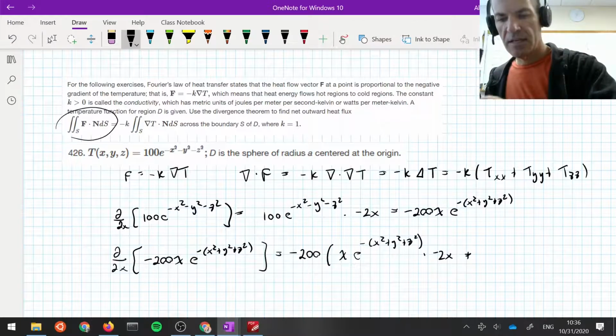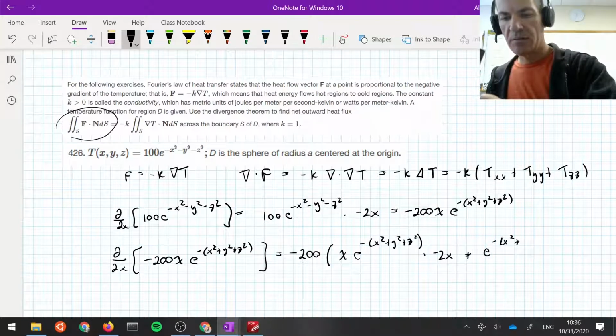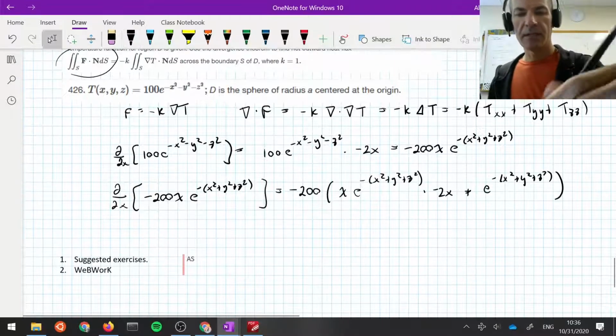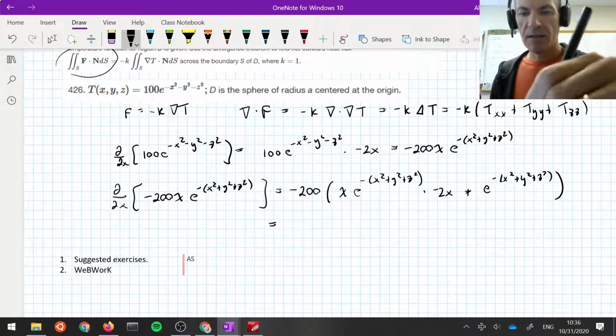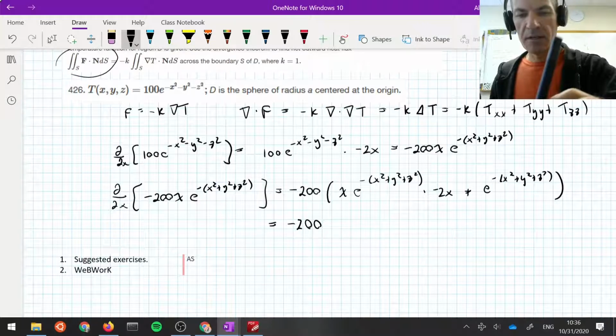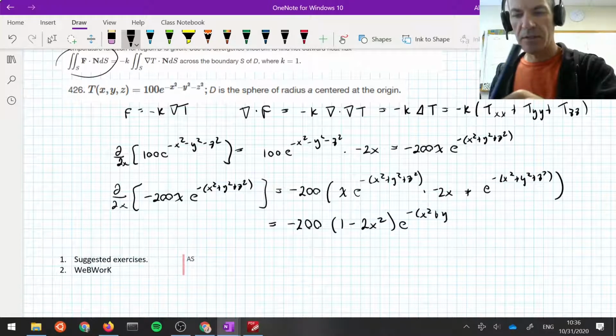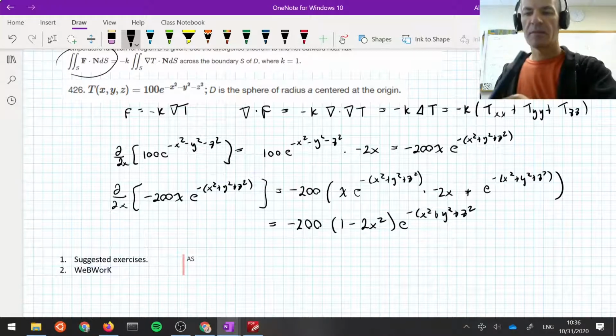So that's just e to the minus x squared plus y squared plus z squared. We can clean this up a wee bit and get minus 200 times 1 minus 2x squared, e to the minus x squared plus y squared plus z squared.